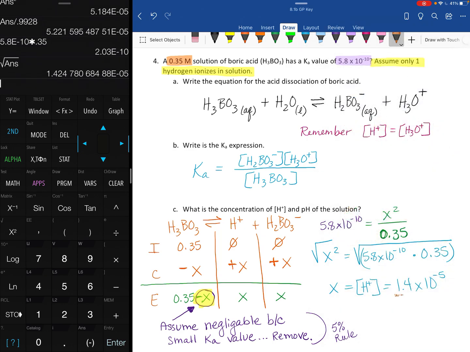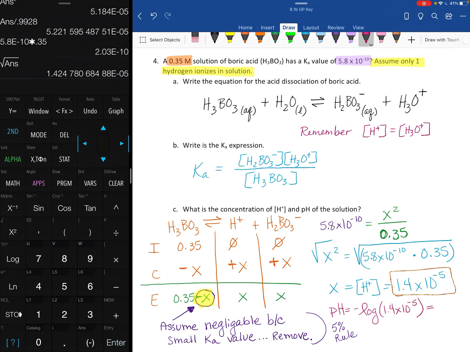The second part is we want to know what the pH would be. Since that's our hydrogen ion concentration, I know that pH is equal to the negative log of that 1.4 times 10 to the negative 5th, the negative log of the hydrogen ion concentration.